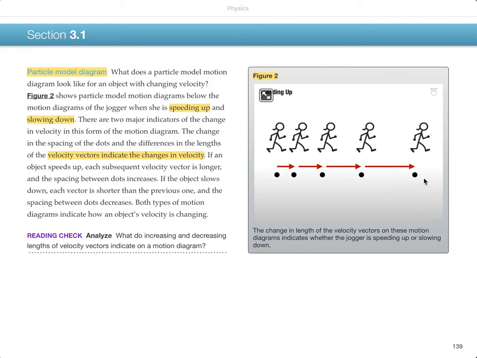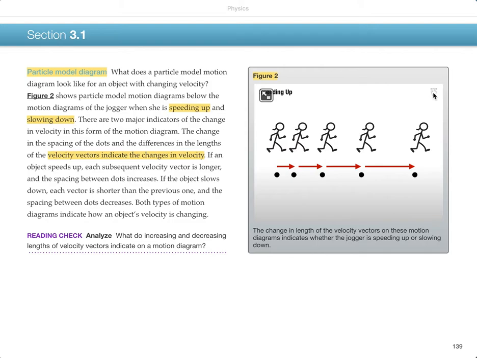And the time interval is the same because that's what always happens in a particle diagram. You take equal time. So these are also velocity, because displacement divided by the time interval is velocity. And the time interval is the same for all of them. So you could either say the displacement's getting bigger, so I know they're speeding up, or you could say the velocity is increasing and they're speeding up.